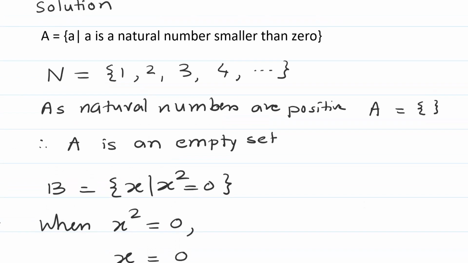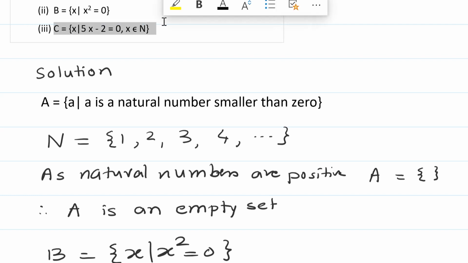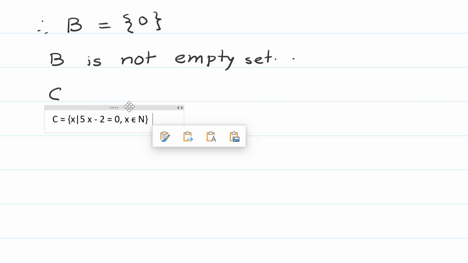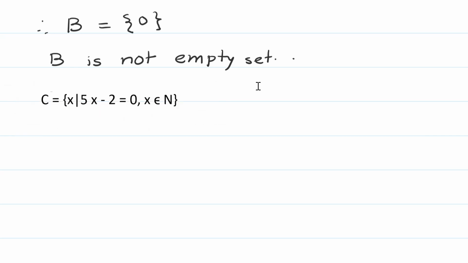Now consider set C. C is the set of all x such that 5x minus 2 equal to 0 where x is a natural number.